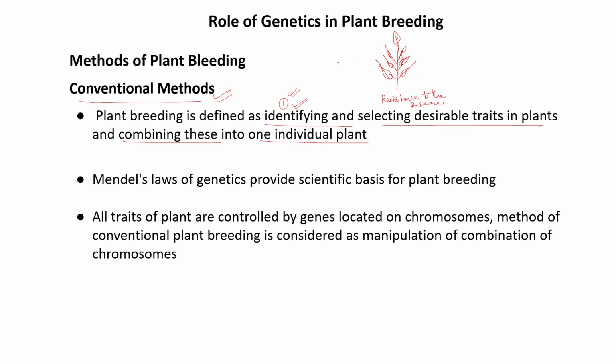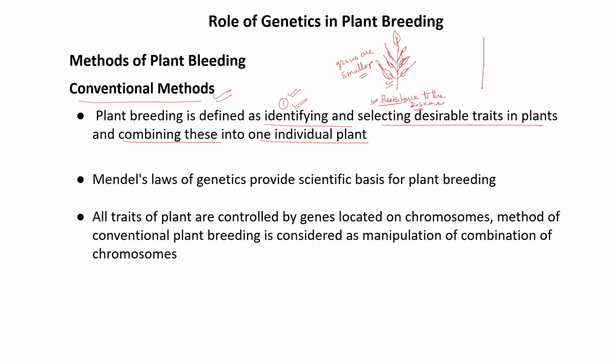But their grains are smaller, so their grains are not so useful, but this resistance to disease is an important character. So we identified this wheat plant in such a way.